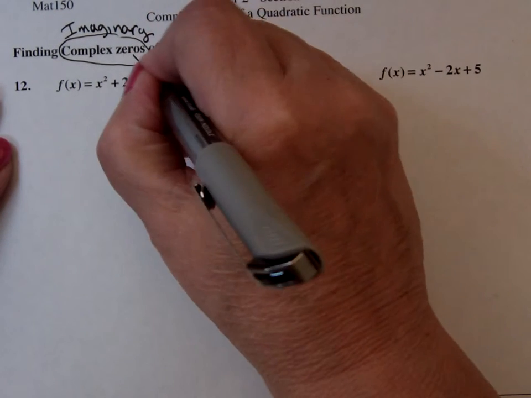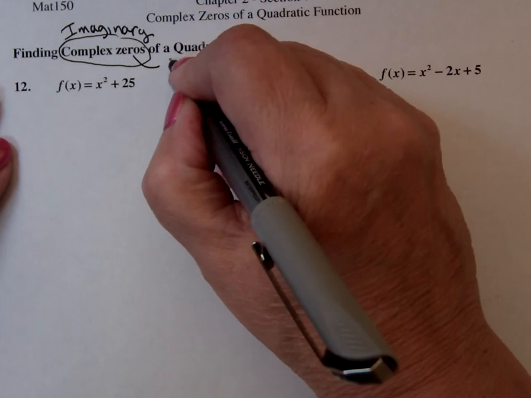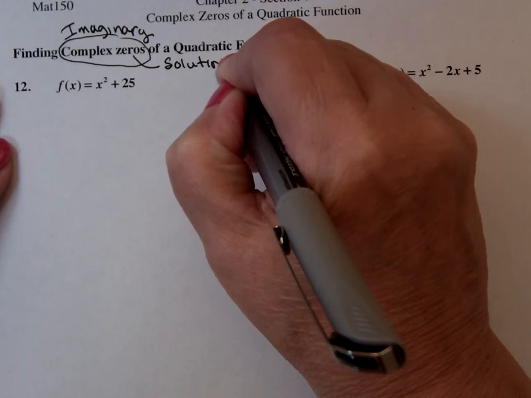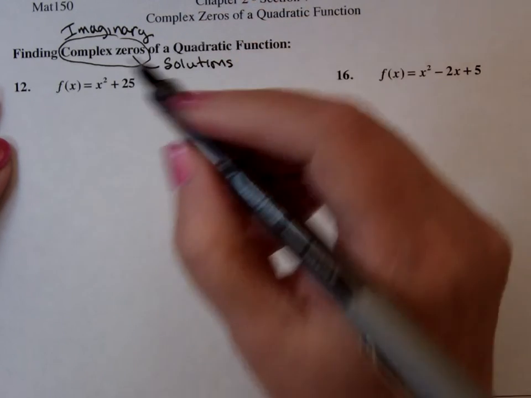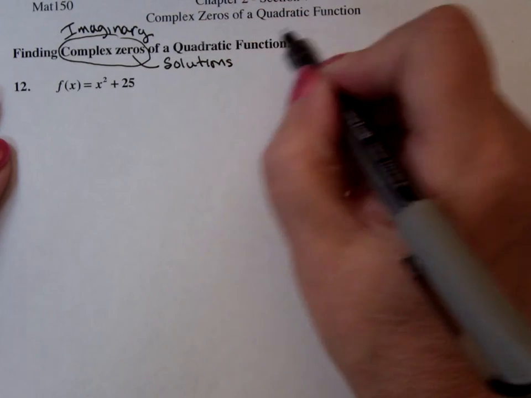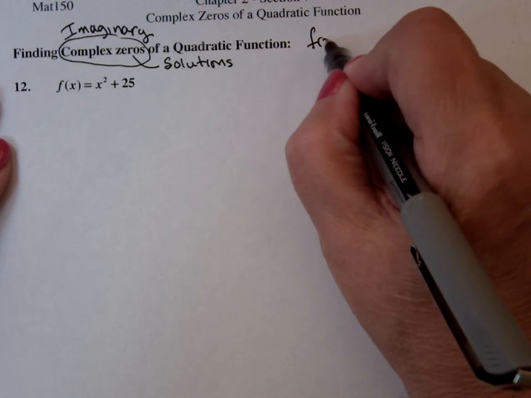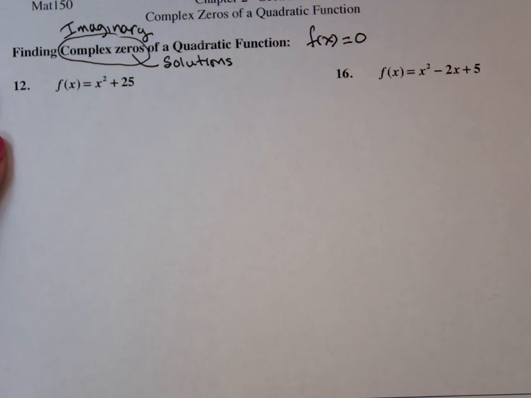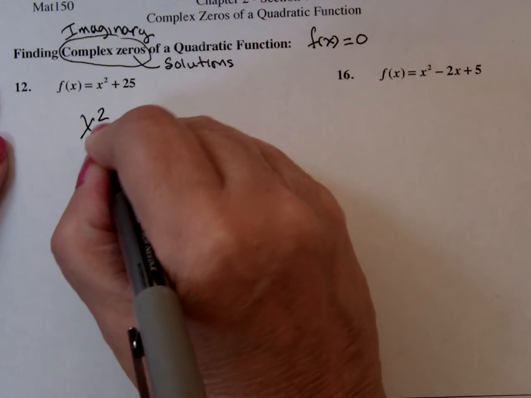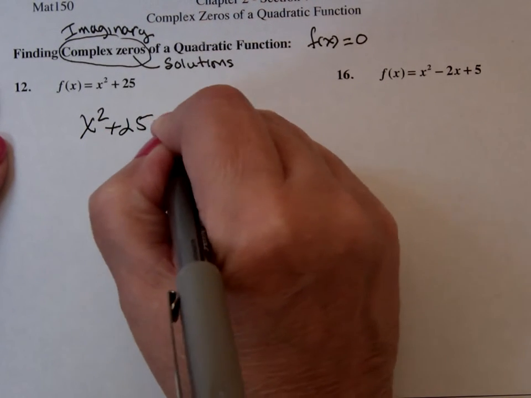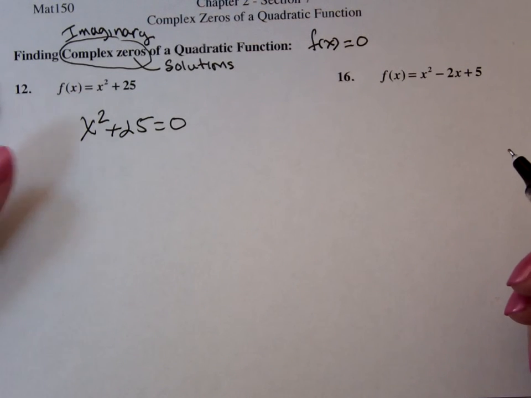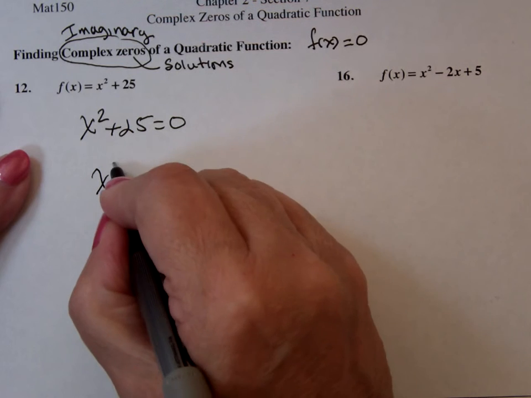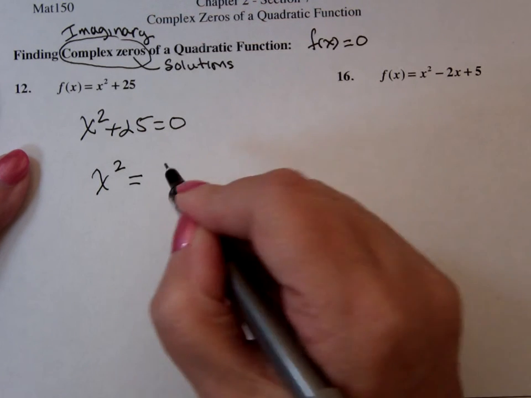Zeros, now remember, zeros are solutions, or could be x-intercepts, and it's always done by taking the function and setting it equal to 0. That's why they're called zeros. So I would take x squared plus 25, set it equal to 0. The easiest way to handle this, because this doesn't factor, is to use the square root property on it, or you could use the quadratic formula.